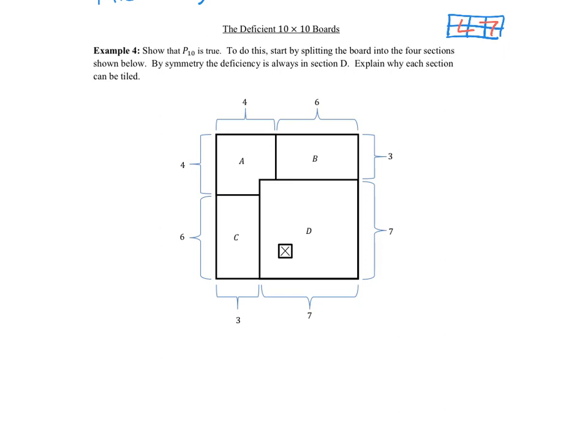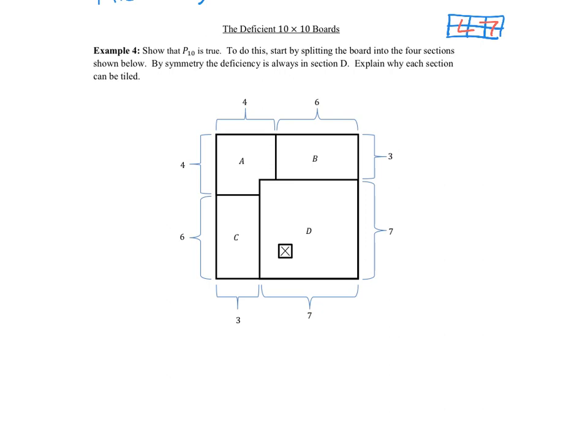Let's take a peek at each of these 4 subsections below: A, B, C, and D. D is a 7 by 7 subsection, and notice that the deficiency is sitting inside of section D. And we can always assume that the deficiency is there in section D because section D is the biggest, so we could rotate the board so that the deficiency is in the bottom right and place section D there afterwards.